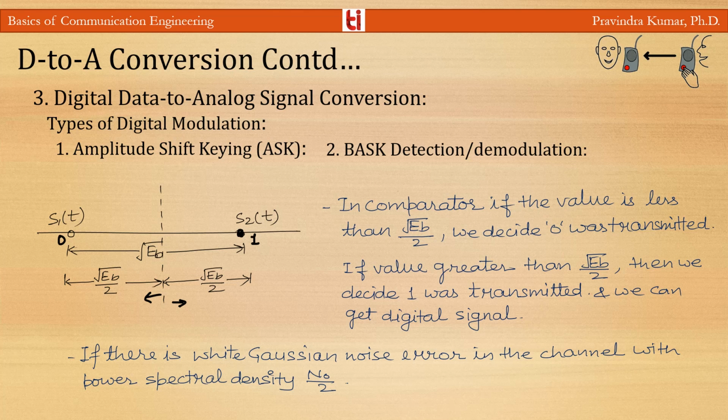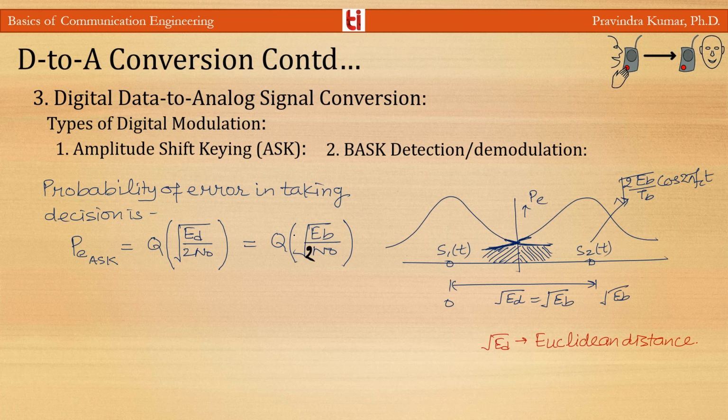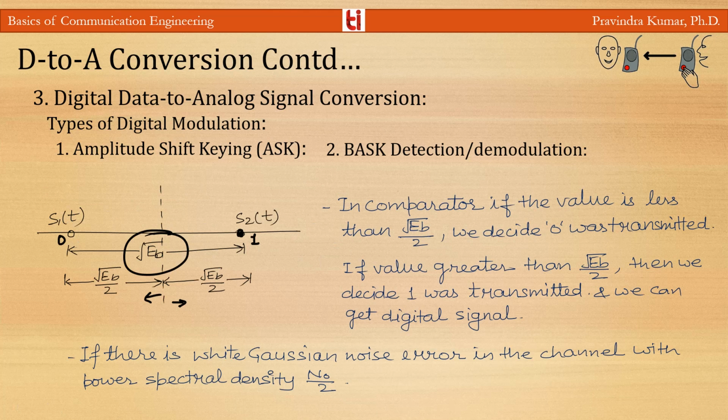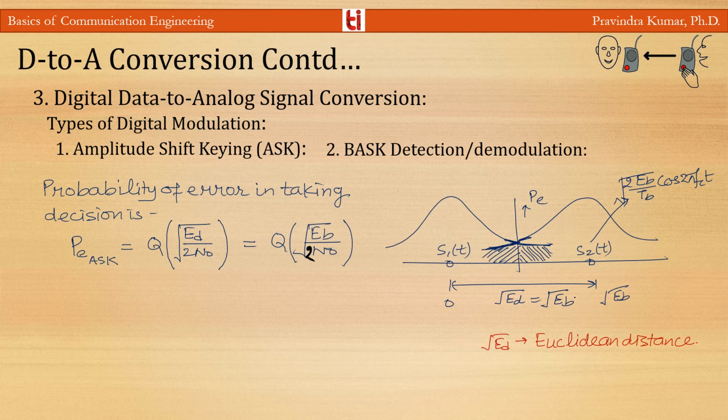Now if there is white Gaussian noise in the channel with power spectral density N naught by 2, then the probability of error is a Q function of root ED by 2 N naught, where root ED is the distance between S1 and S2. Here root ED is equal to root EB. S2(t) is represented by root (2 EB by TB) cos 2 pi FC t.